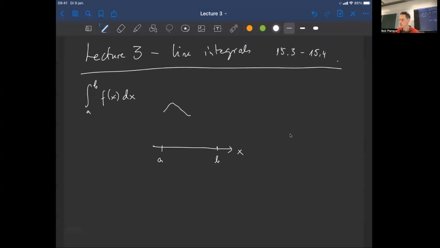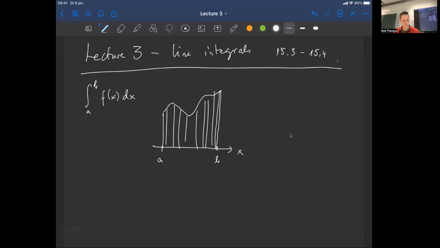And f has some profile over here. I've just drawn the graph of this function. And by the integral, we just measure the area underneath this curve, like that. We can define that by doing these Riemann sums and then saying that this integral is the limit of that.